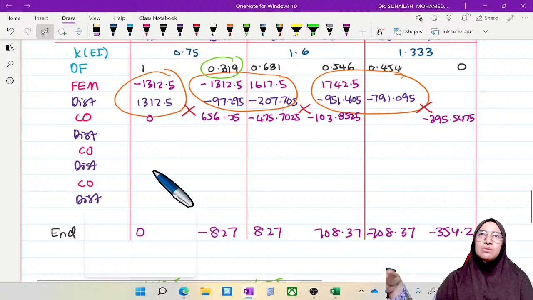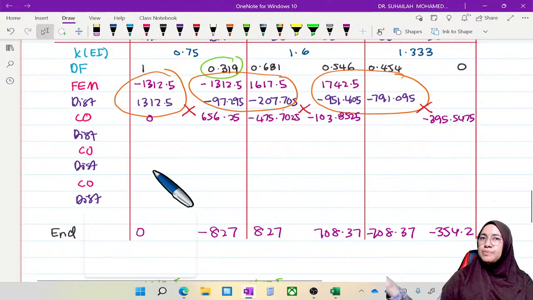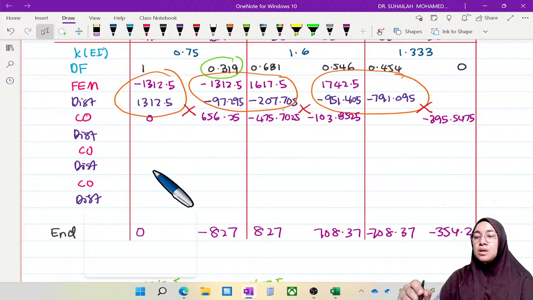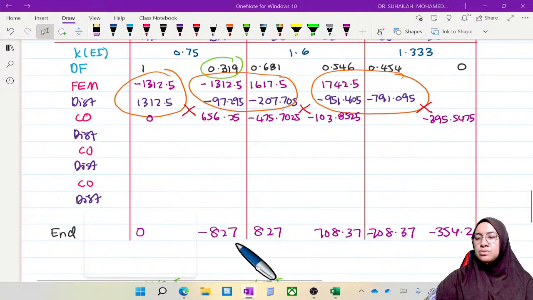Okay, so assuming that all the value in the table has been transformed into this table. So lastly, we find the total moment. So end moment is equal to this.